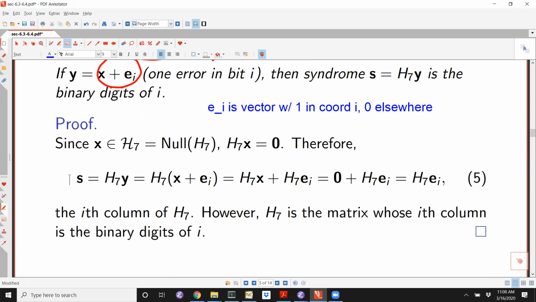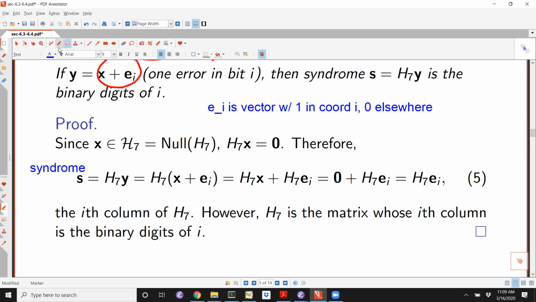Therefore, the syndrome, it's good to give this a name. The syndrome S is equal to, by definition, which we got by multiplying H7, the parity check matrix, times the received word Y, is equal to H7 times (X plus e sub I).